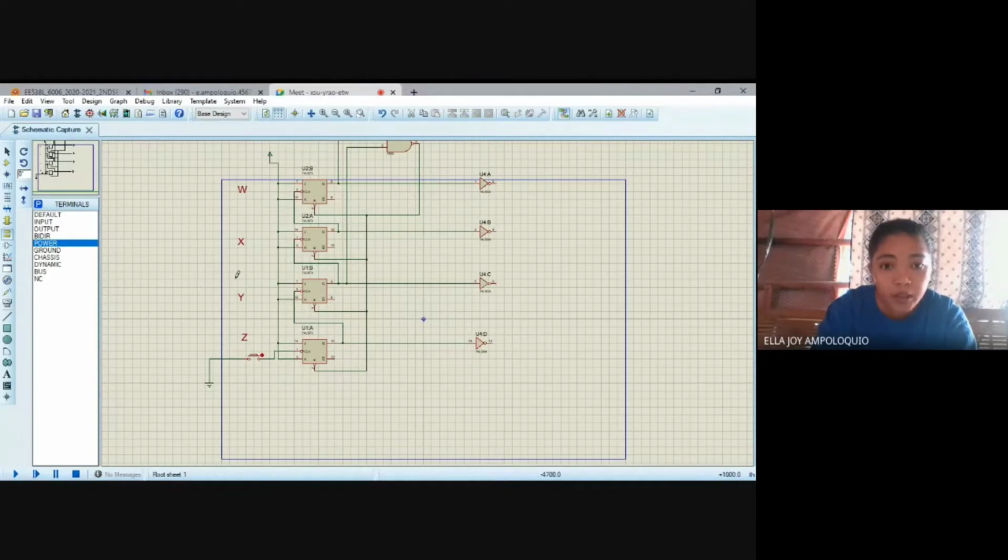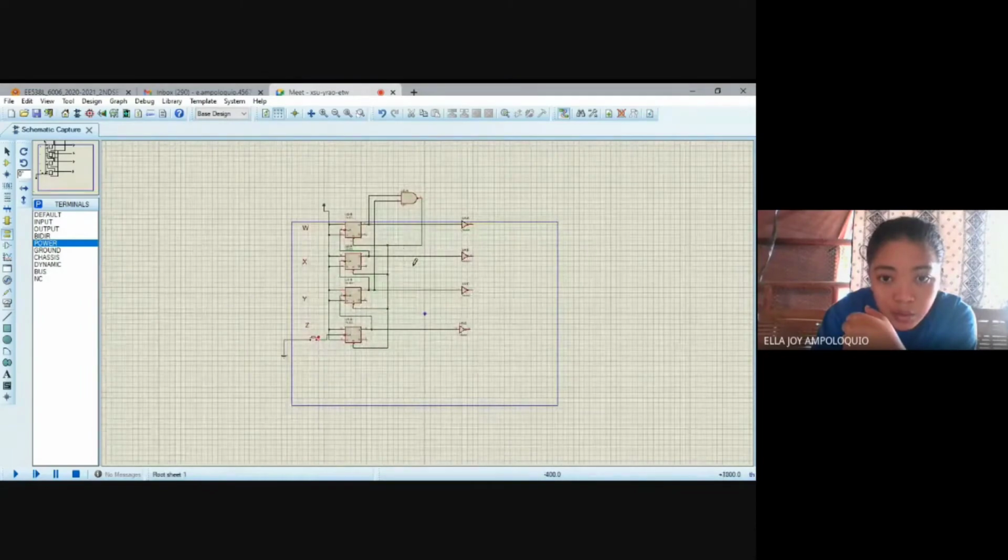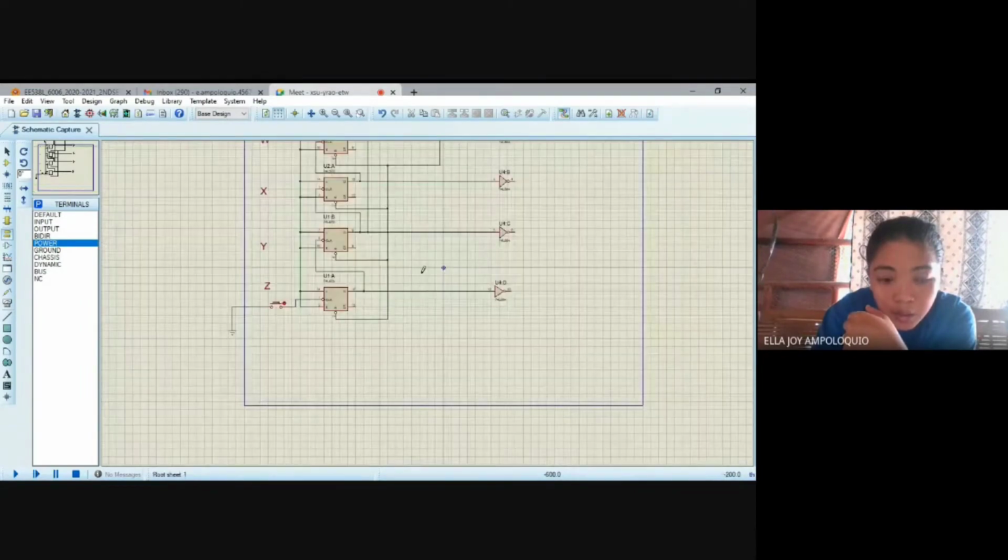So now let's see if all the flip-flops are connected to the corresponding hex inverters. So I will trace it first. So I think it's okay now.